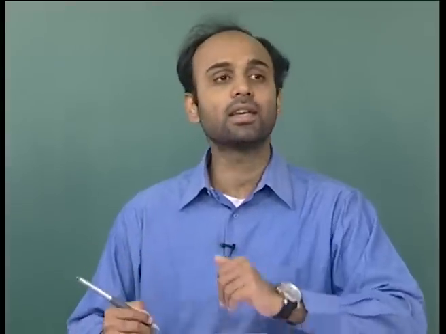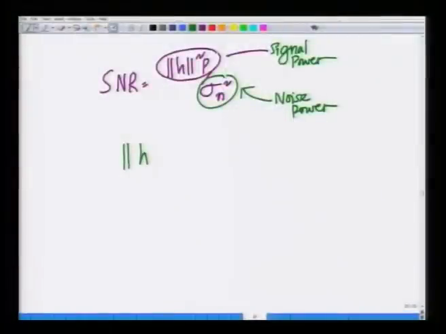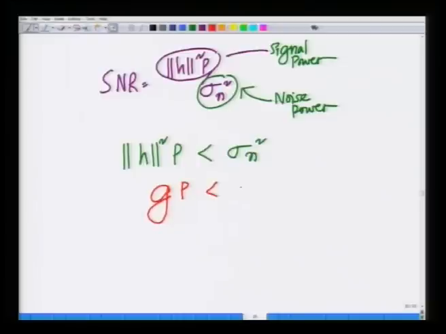So, in this case, the system is in a deep fade when norm h square times P is less than sigma n squared, or G times P is less than sigma n squared, or G is less than 1 over SNR.